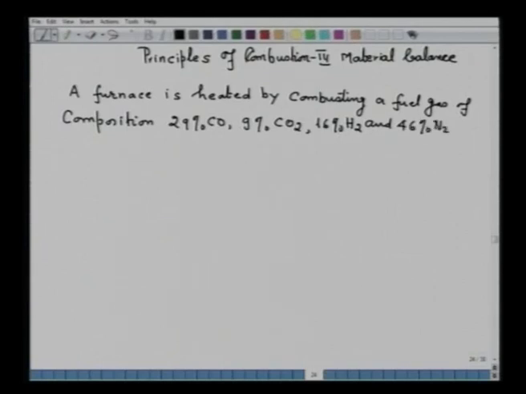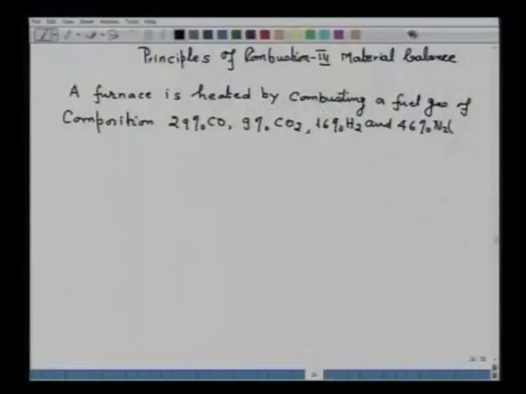Mind you, the composition of gases is always given in volume percent unless otherwise stated. Hence, these percentages are also volume percent.